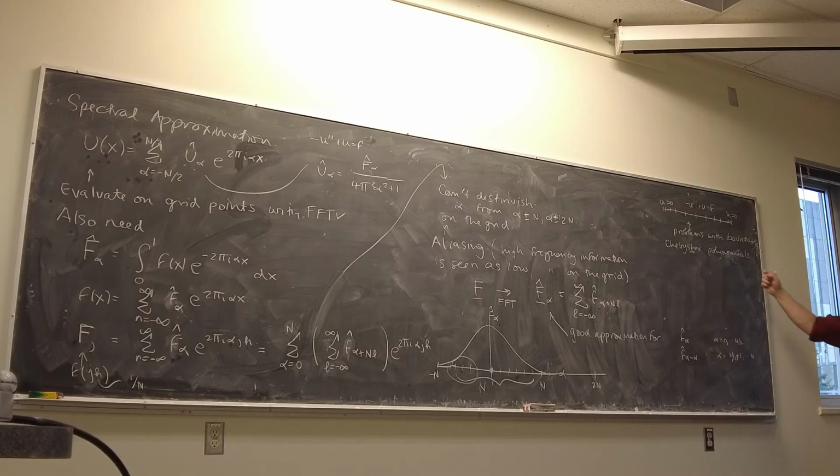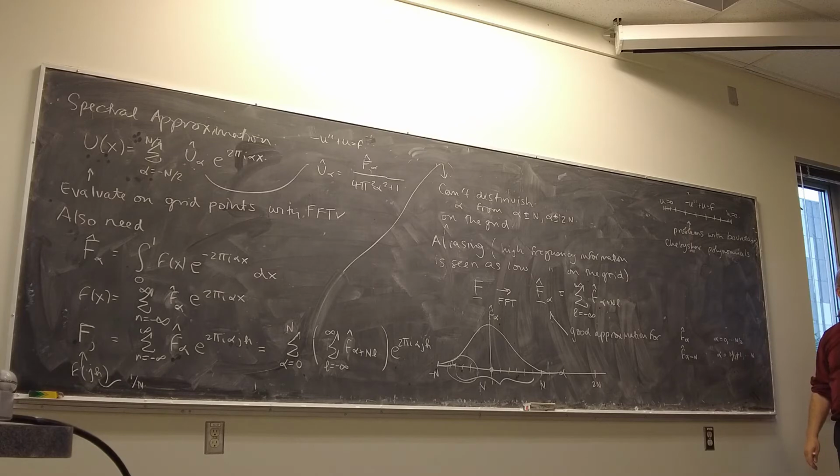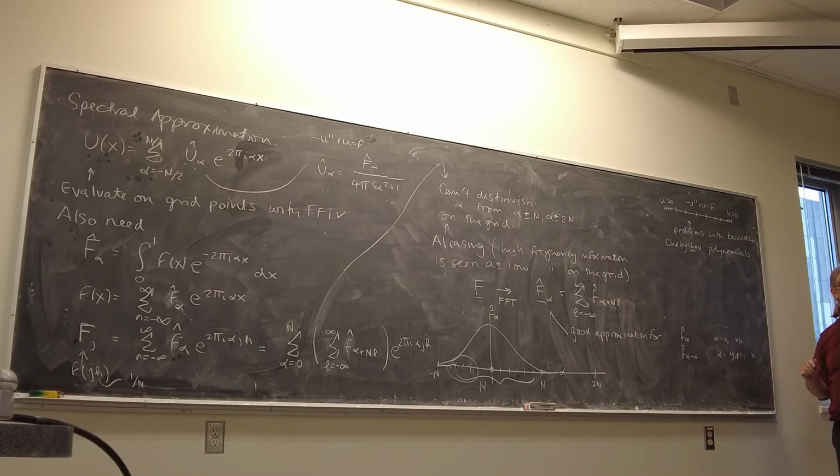And when I write out how you generate these things, you'll see why they have that property. We'll look at those polynomials, but let's not implement that. But now you know that's what you would have to do if you wanted to do a spectral method with a problem with boundary conditions.